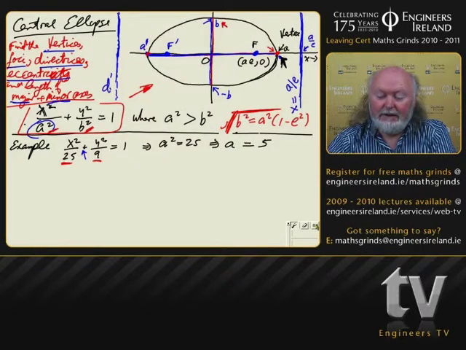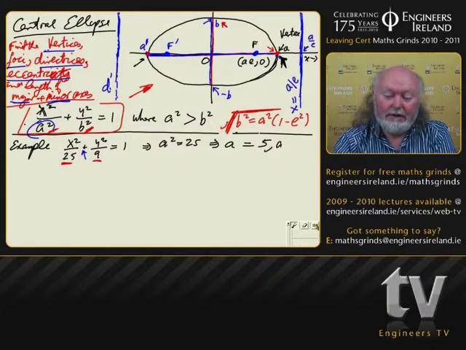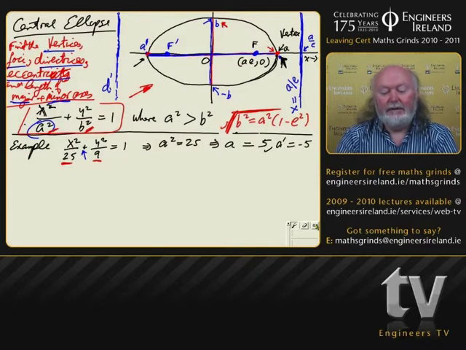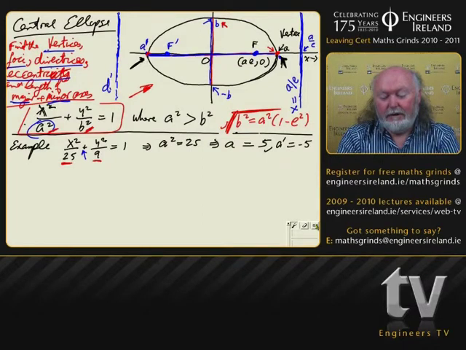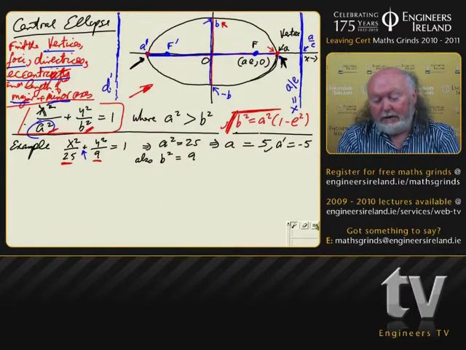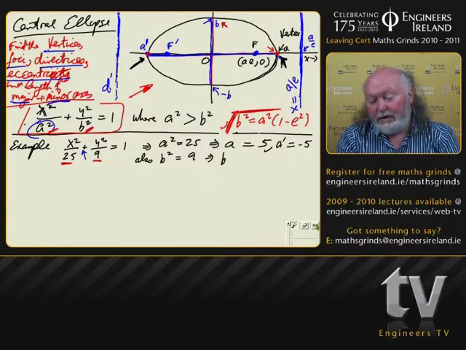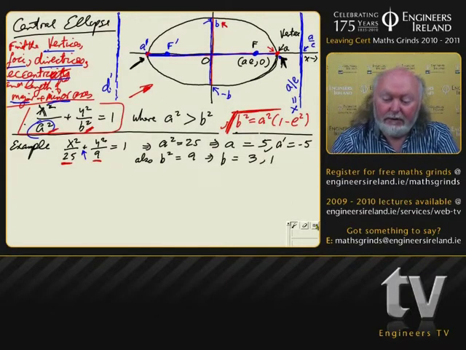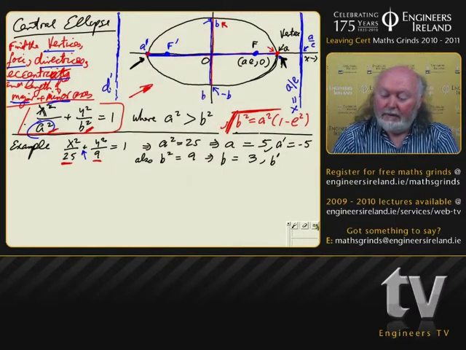So we'll say a is 5 and a dashed is minus 5. That's that guy over here. Also, b squared is equal to 9. That implies that b is equal to 3 and b dashed, this guy down here, is equal to minus 3.